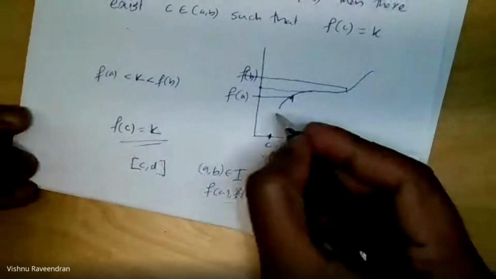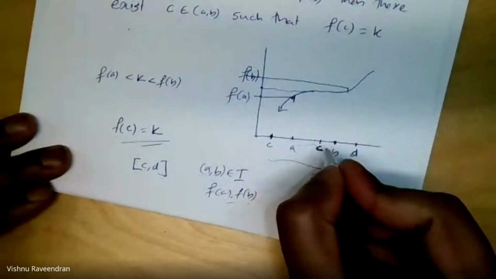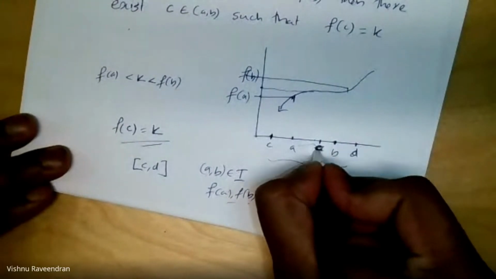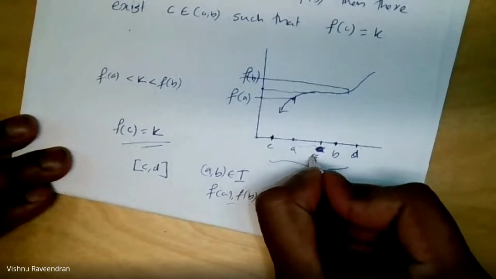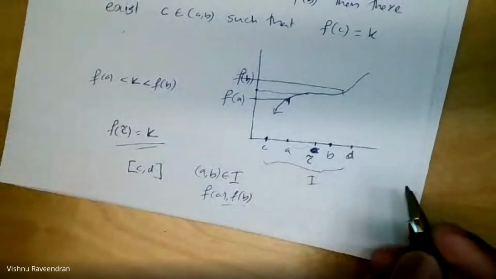Vishnu is actually saying that you have used the same c to denote the in-between point as well as the interval. That's my mistake. Sorry. You can take c tilde.